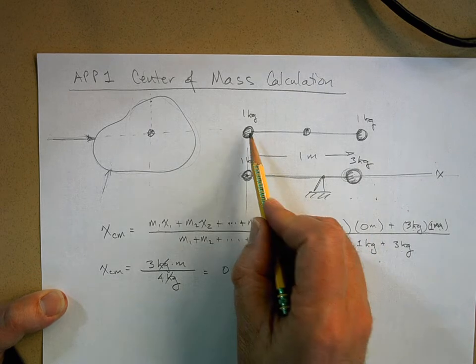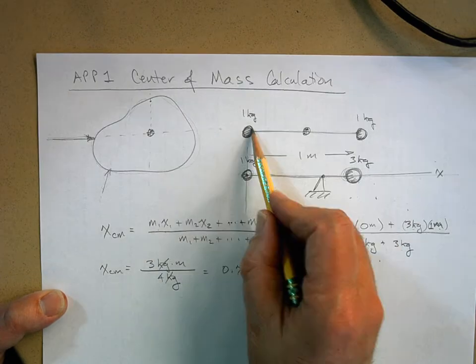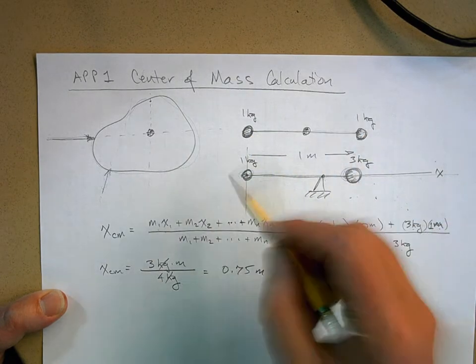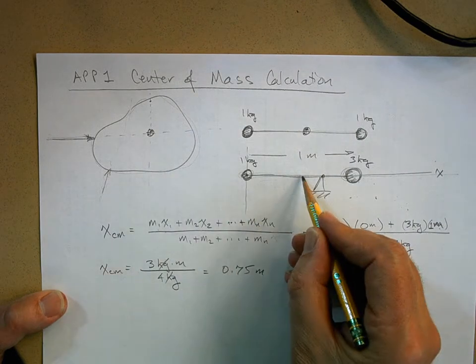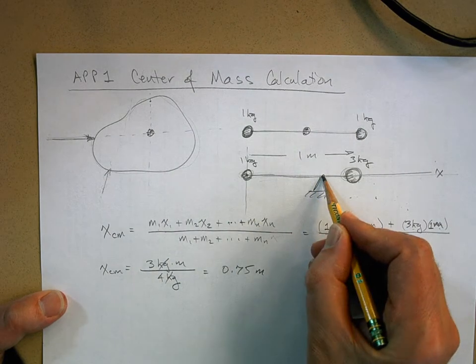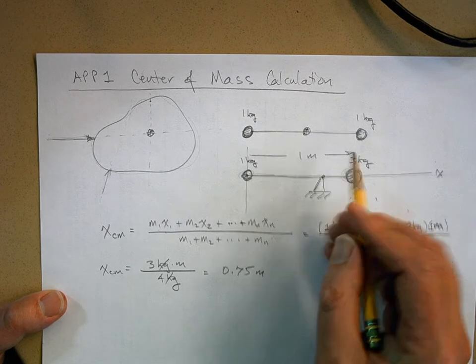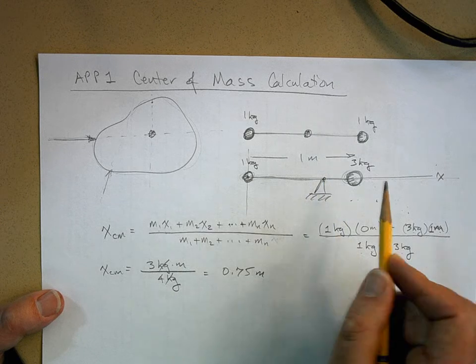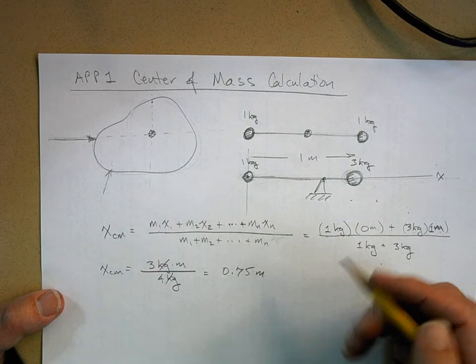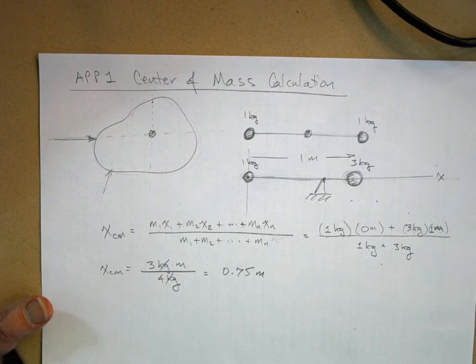That means if I had this and this on a massless magical meter stick, I would have to put this 3/4 the way down, 0.75 meters. And if I hold it right here at 0.75 meters, it'll balance. So that's how you figure it out for a system.